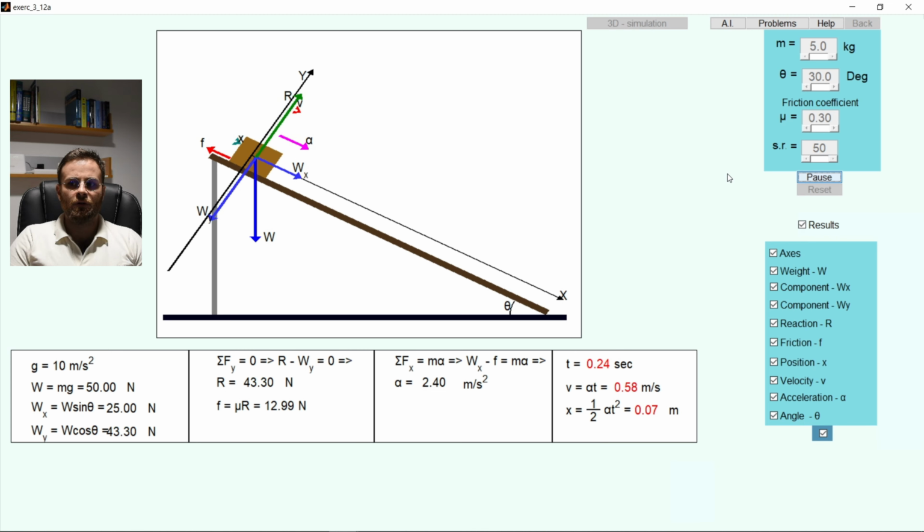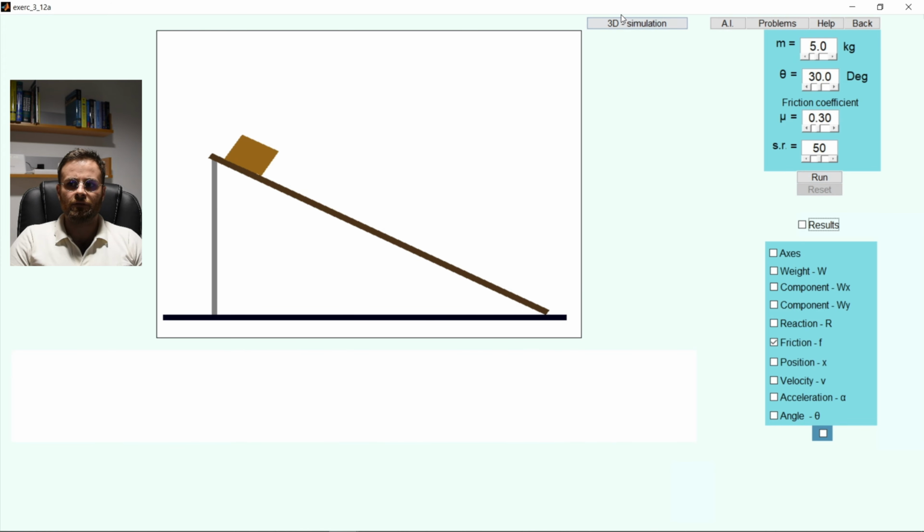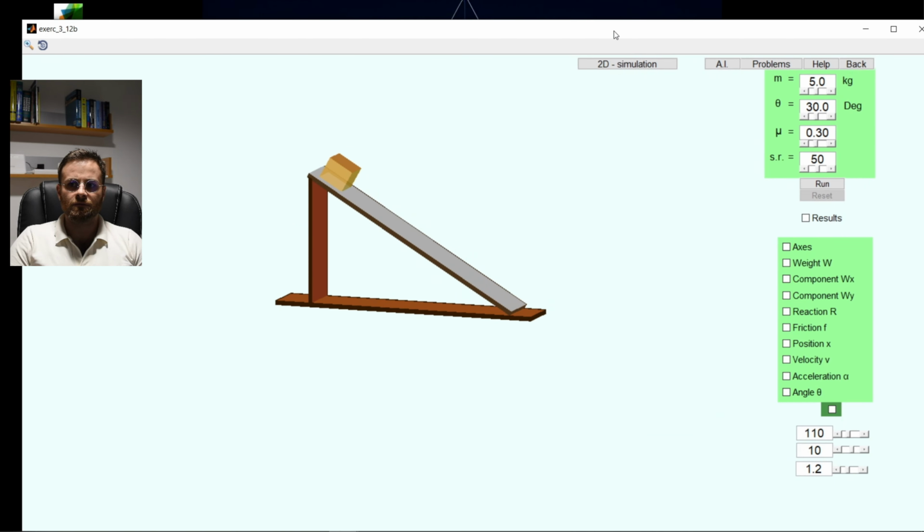We observe the motion of the body and the corresponding results. Furthermore, in many simulations, the student has the ability to see a realistic presentation of the phenomenon in 3 dimensions.